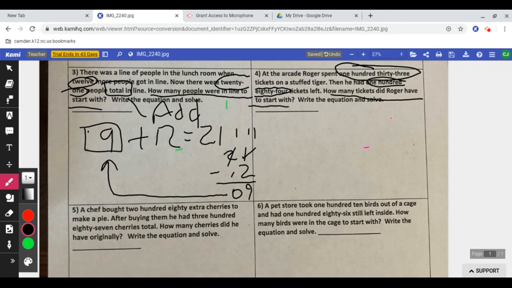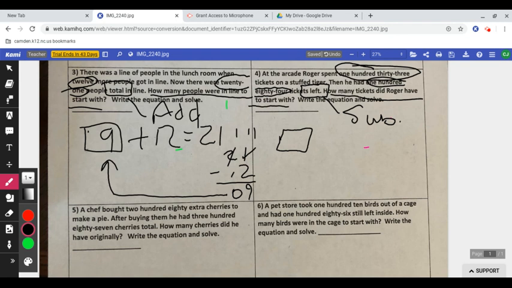What is our action word? Left. Left says, Miss Connie, you need to subtract. Yes. I need to set up my equation, starting with the box in the front, because we don't know how many tickets Roger had to start with. That's what we're trying to figure out.